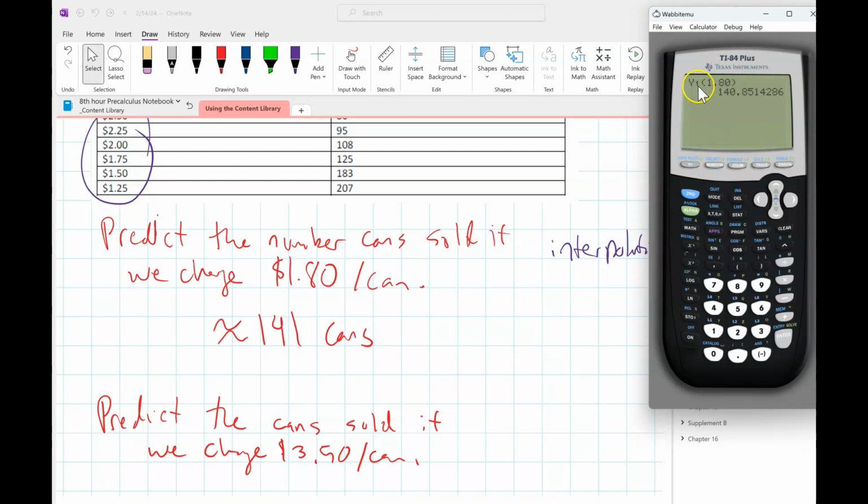So if I want that y1 again, I can just move my cursor up here and press enter so I don't have to go through all those menus and just re-update that to be 3.5. Is everybody okay with me doing that? Saves me a little bit of time. Whoa, what the heck is that? Does that make any kind of sense? How are you going to sell negative 37 cans? You don't.